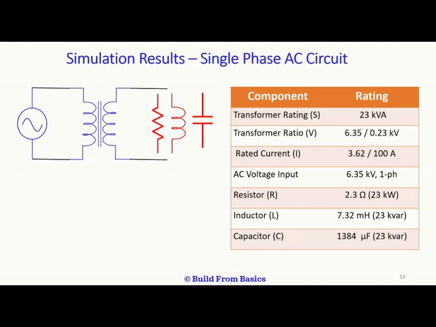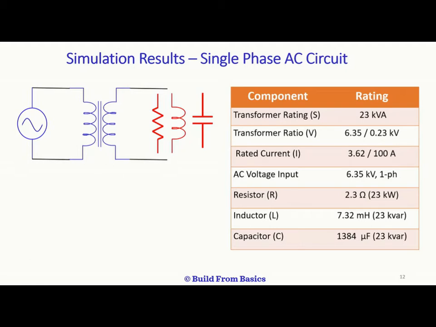Let's take a transformer of 23 kVA with a ratio of 6.35 kilovolts in the primary and 230 volts in the secondary. Then the rated current in the primary is 3.62 amperes, and in the secondary it is 100 amperes.